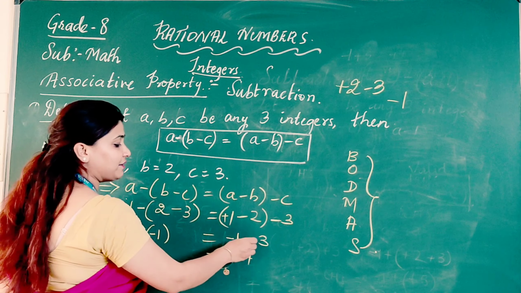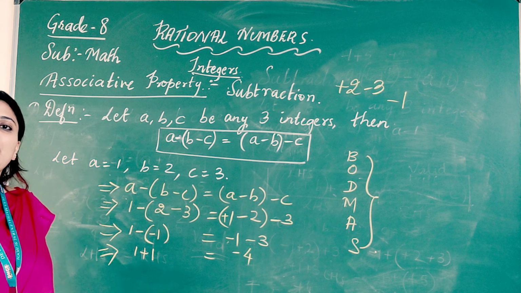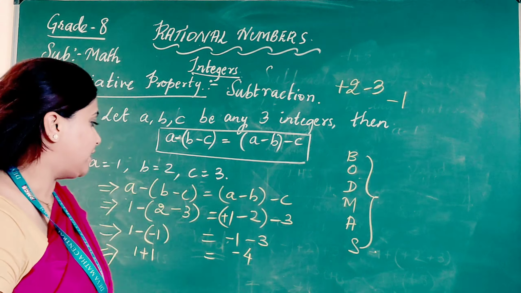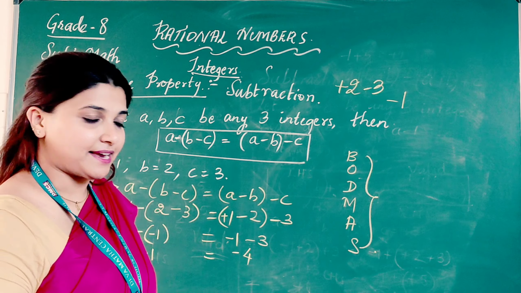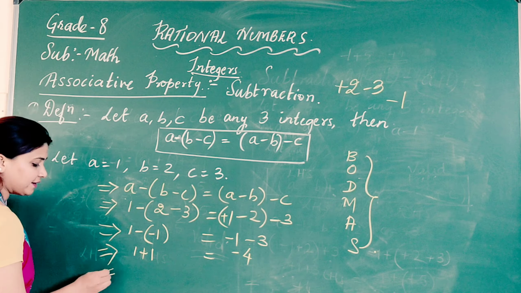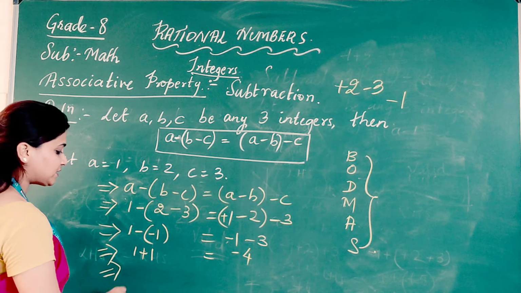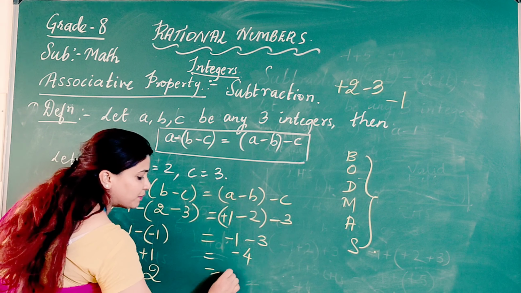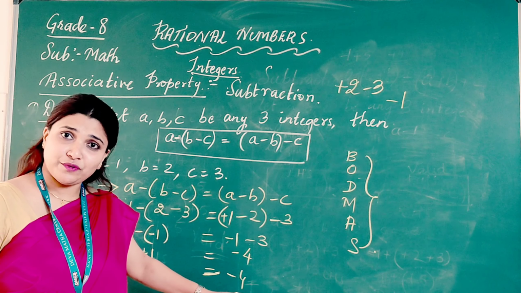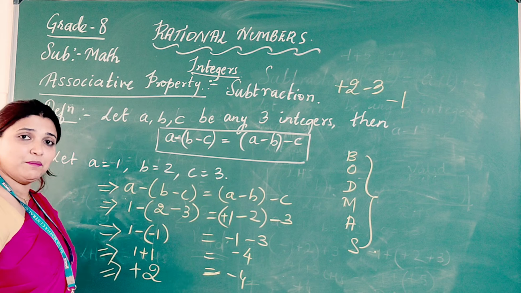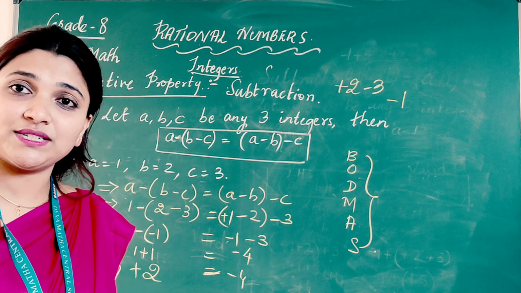Why? Because same sign. Whenever I have the same sign, I have to add and put the minus sign. When I have different signs, then I have to subtract and put the greater number's sign. Correct? So, again, what is 1 plus 1? 1 plus 1 is nothing but 2, is equal to minus 4. Is that true? Plus 2, in the number line, are plus 2 and minus 4 the same?